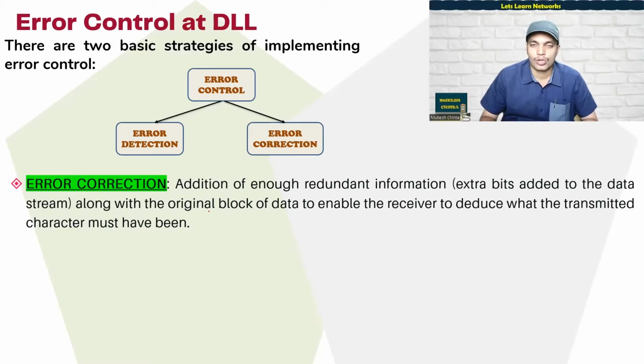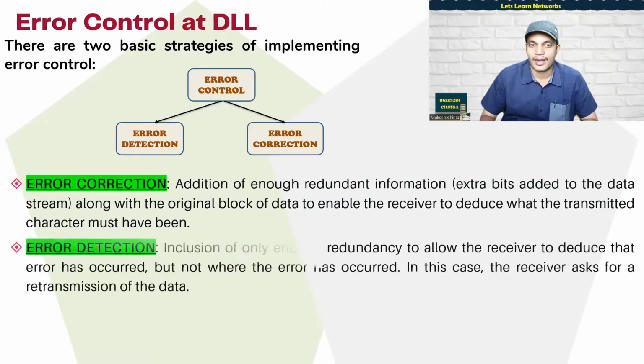Error correction techniques are also called FEC codes, forward error correction codes. Whereas in the case of error detection, we include only enough redundancy to allow the receiver to deduce that an error has occurred, but not where the error has occurred. In such cases, because the receiver cannot reconstruct the original data, what it usually does is ask for a retransmission of the data. So both are different.